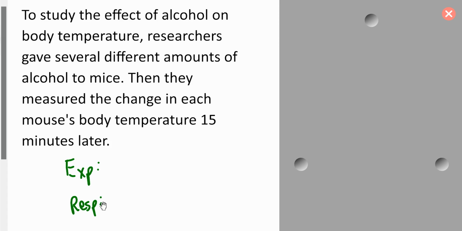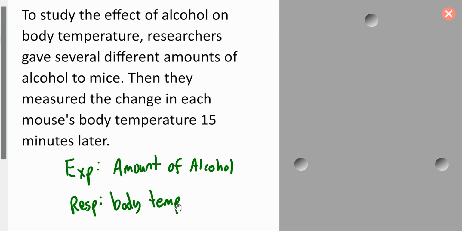The explanatory variable is what they're using. This would be the amount of alcohol. And because they gave several different amounts, the response would be the change in body temperature after 15 minutes.